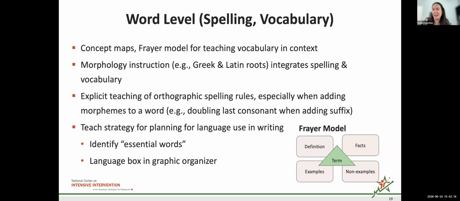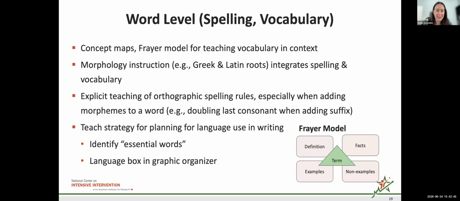So the bottom of my slide here has just a very brief example of what a Frayer model can look like, involving the term or the vocabulary word, explicitly defining that word, writing out some facts or characteristics related to that term, and then examples and non-examples of it. So that's one way to make the definition of a word and the meaning of a word very, very explicit, and then practice using it in context.